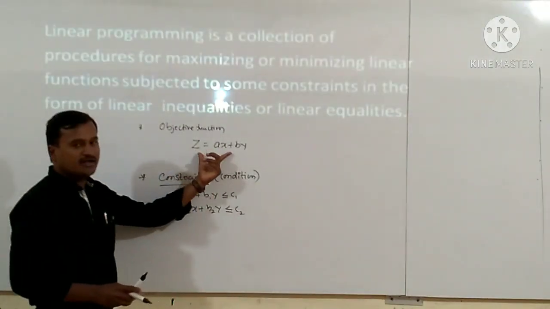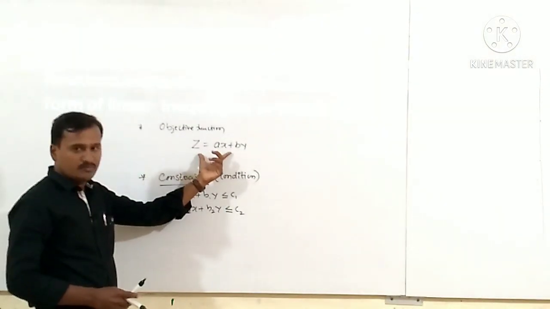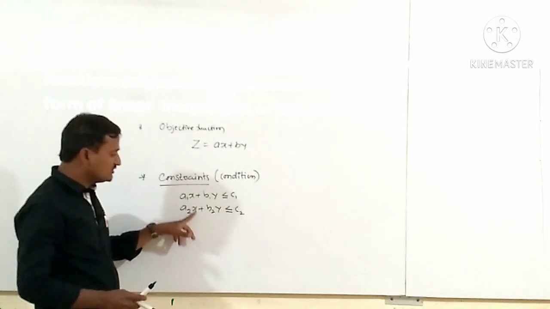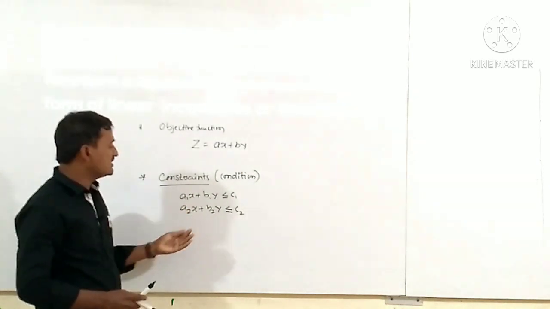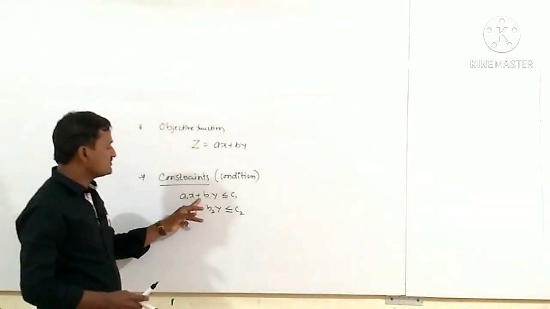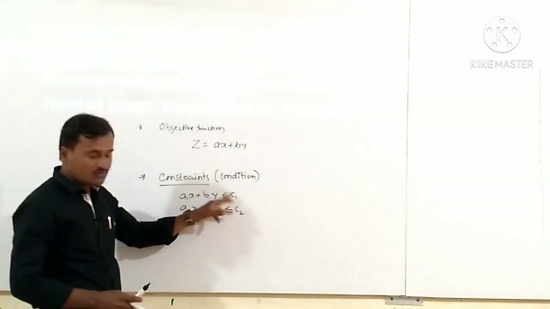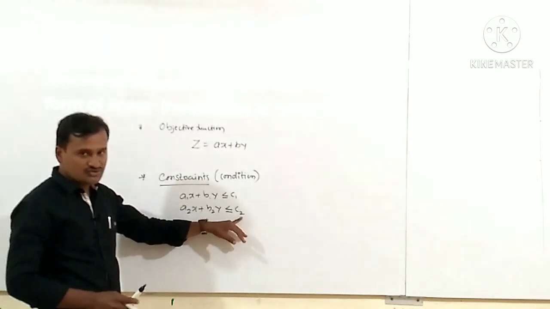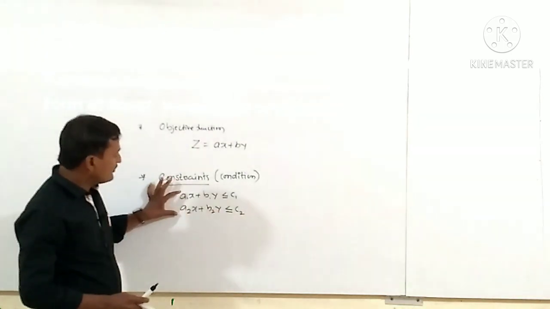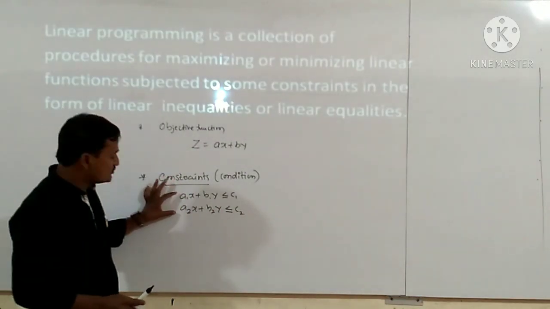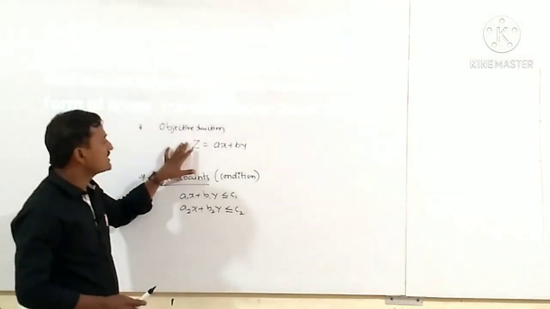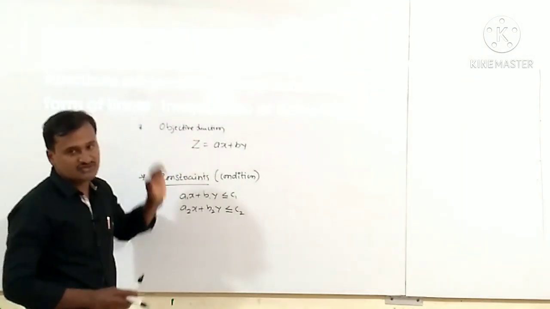Now we will find the maximum or minimum value of this function subjected to these conditions. By using these conditions, we are going to find the maximum value of this function.